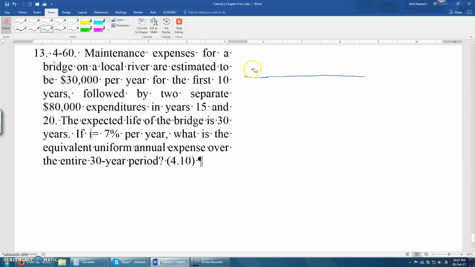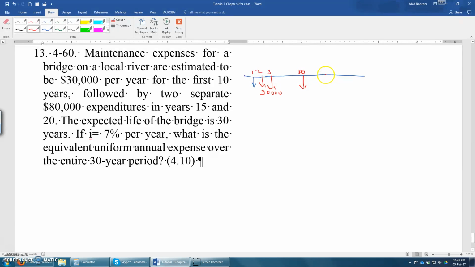Here you have the annual expenses up to the 10th year: 1, 2, 3, and up to year 10 continuing. So $30,000 each year up to year 10.